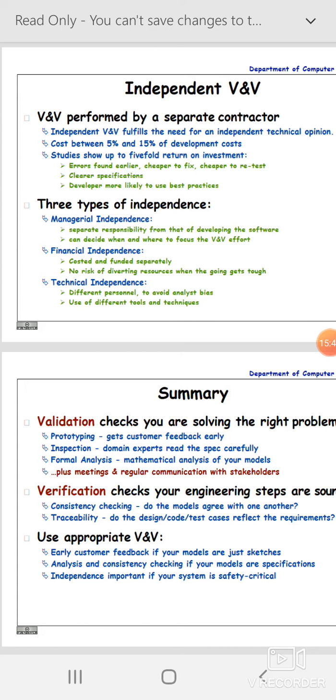Now the summary: after this we are able to understand verification and validation. Once again, verification is whether we are doing things correctly or not, and in validation, what we have got is as per the user requirement, whether it is correct or not, that is known as validation. Thank you.